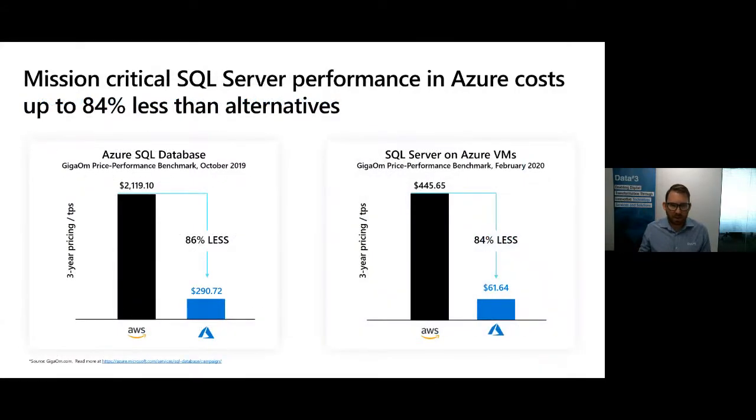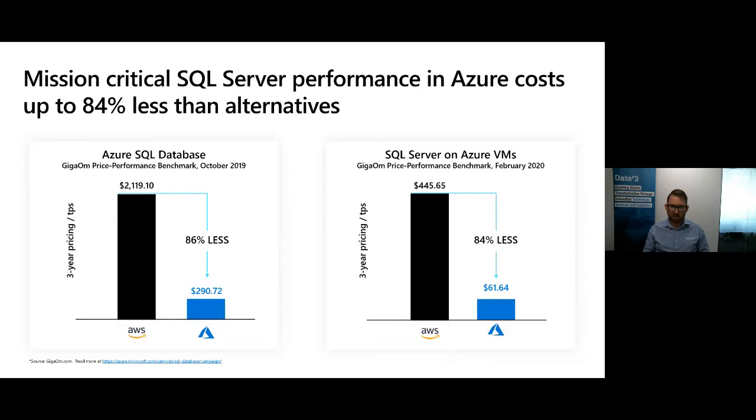Now this is from a research company, GigaOm, which we'll paste in the chat window as well. It was released, I think, at the end of November 2019, analysing running an Azure SQL database in AWS compared to Azure.